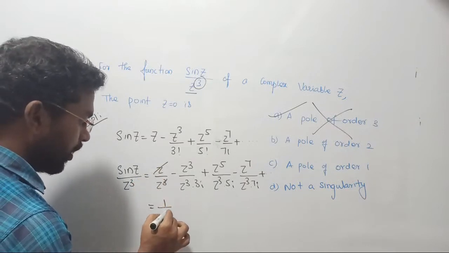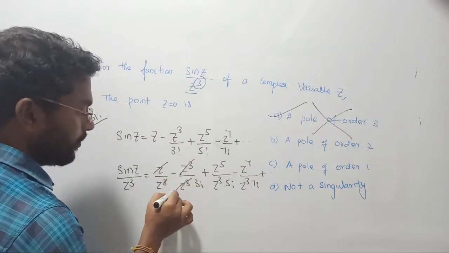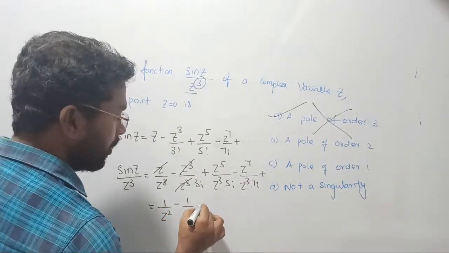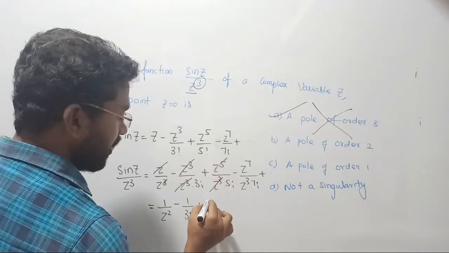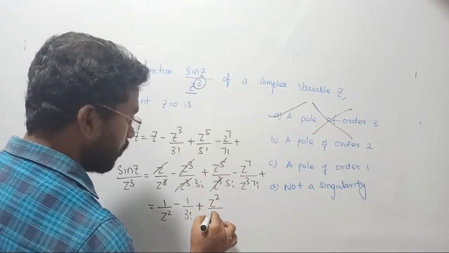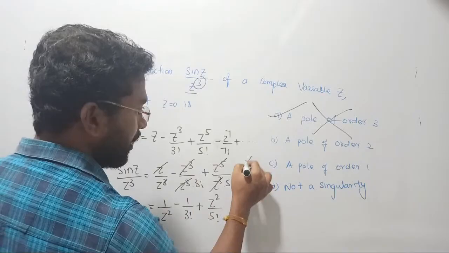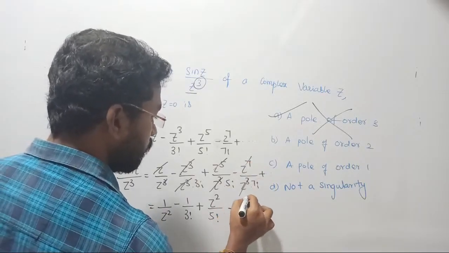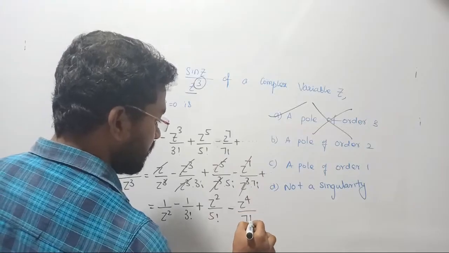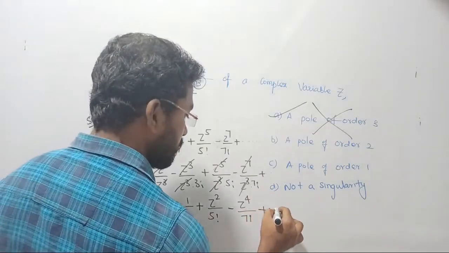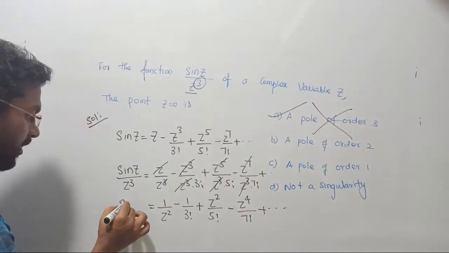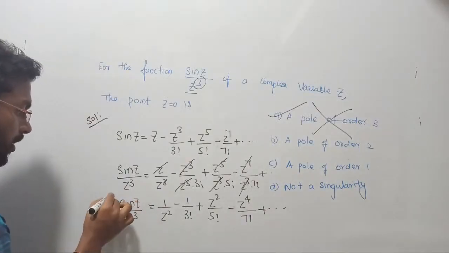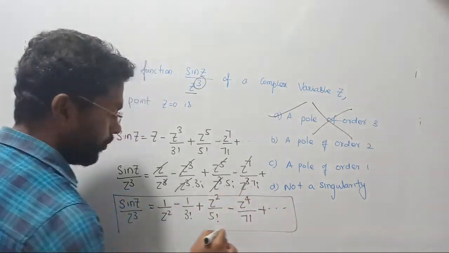Here you will get 1 upon z power 2 minus 1 upon 3 factorial, plus z power 2 upon 5 factorial, and then z power 4 upon 7 factorial, with a minus sign, and so on. This series continues, and that is sin z upon z power 3.